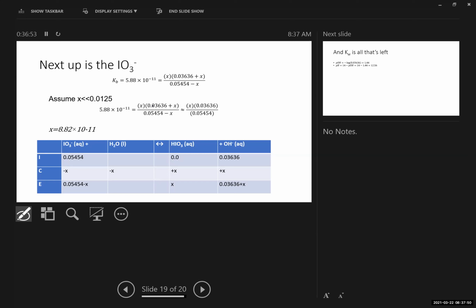Minus x, plus x, and plus x, I plus C equals E. All right. In this case, I know the K. Can't hurt to assume x. I don't know why there's a 0.0125 there. So much for my copy and paste.